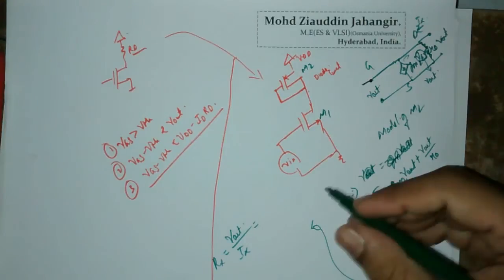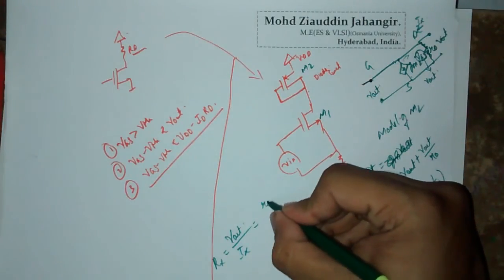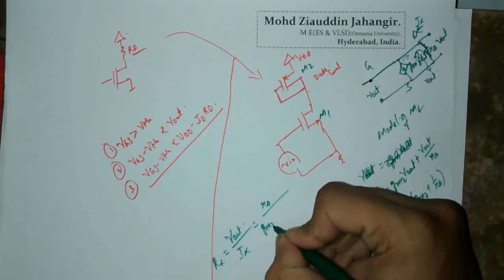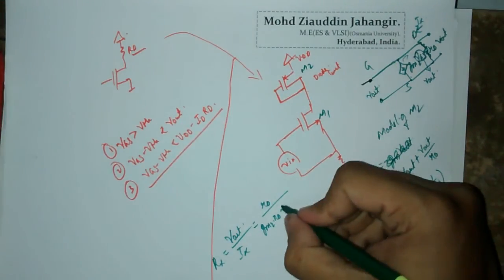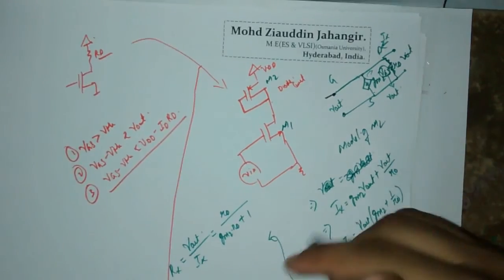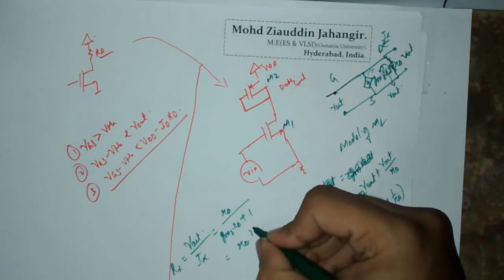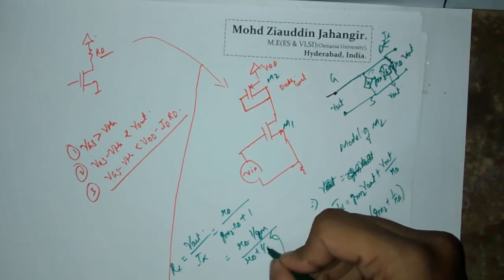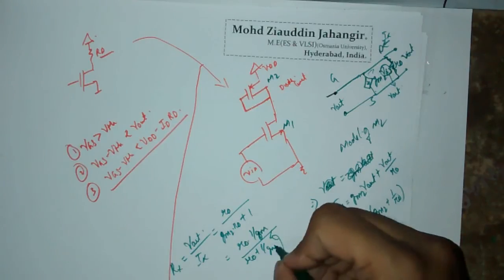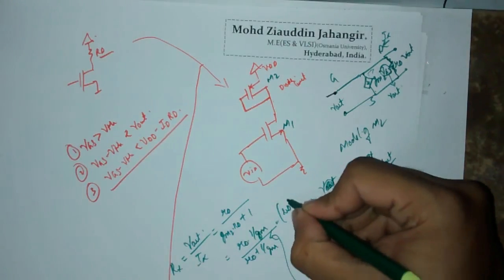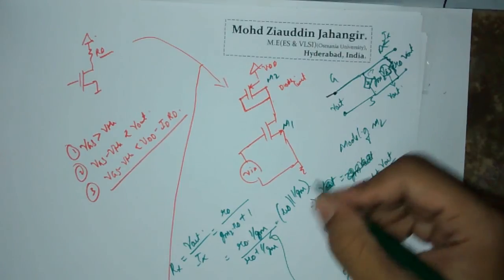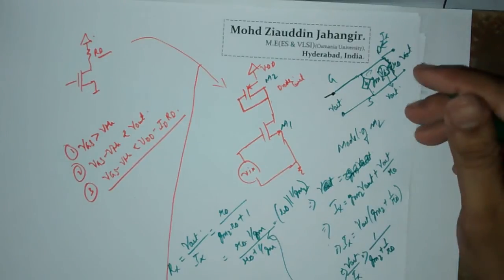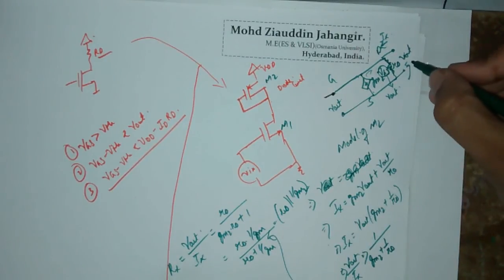So this will be given by R0 divided by GM2 into R0 plus 1, or I can write this as R0 into 1 by GM, whole divided by R0 plus 1 by GM. This is R1 into R2 divided by R1 plus R2, which means it is R0 in parallel with 1 by GM2.